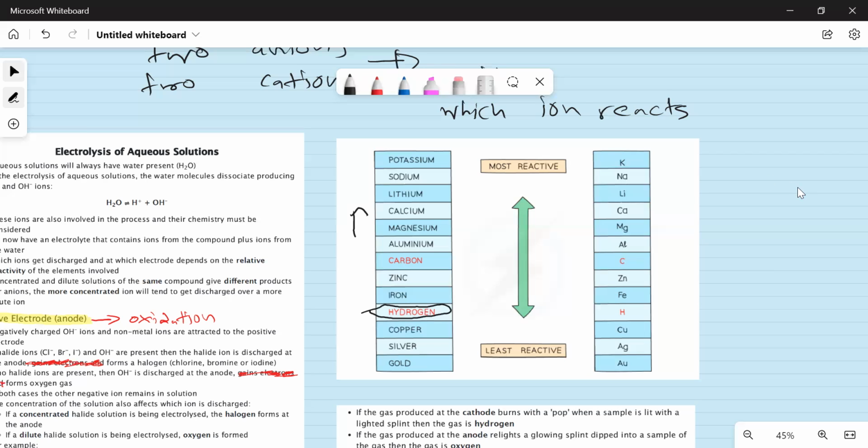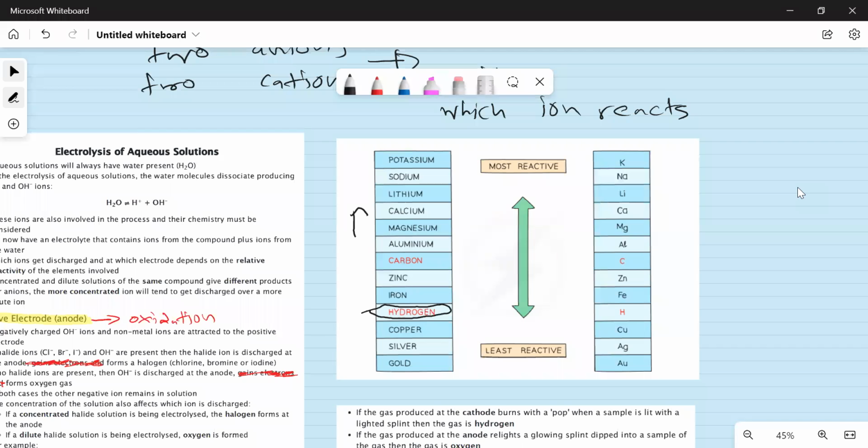But if any metal ion below hydrogen is present, such as copper, silver, gold ions, those ions will be reduced, not the hydrogen ions. Please remember that. This scenario comes when you are selecting the cation.